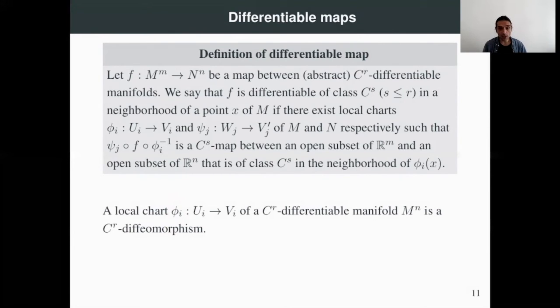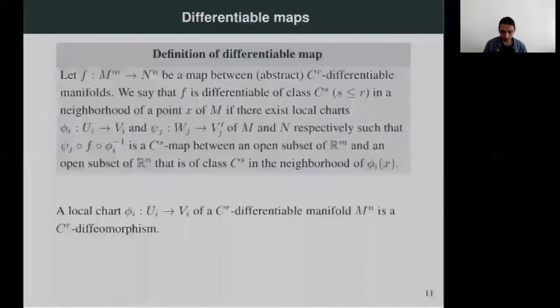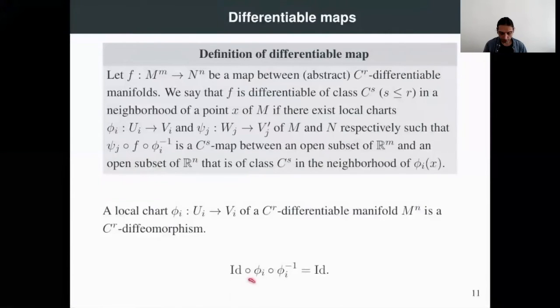So the expression in those two local charts, phi sub I and the identity, of our map phi sub I is this one, and the identity is a diffeomorphism. So phi sub I is going to be a CR diffeomorphism. So we can interpret local charts as diffeomorphisms between open subsets of our manifold and open subsets of some Euclidean space. It could be R to the power n, where n is the dimension of the manifold.